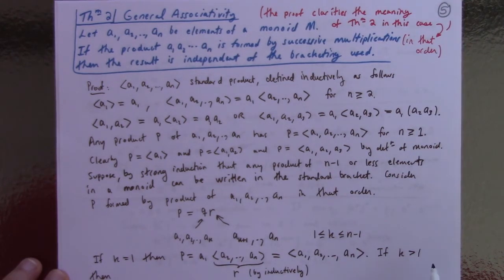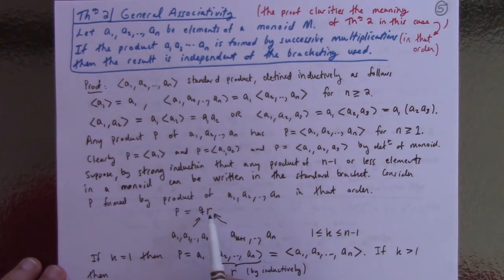Now if K is greater than 1, then Q and R are, of course, products of less than n things, which means they can both be put into their standard bracket by the induction hypothesis.